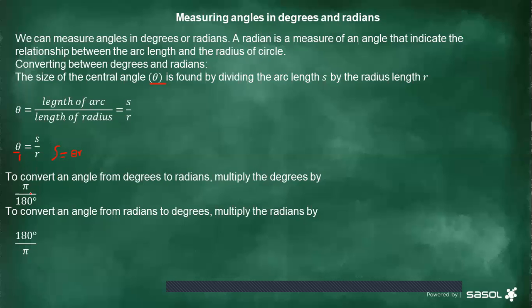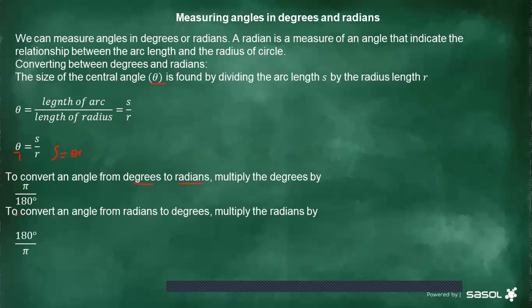And then the next step, we have to convert the angle from degrees to radians. We multiply that degree by pi over 180. So every time you have to convert degrees to radians, you multiply by pi over 180.